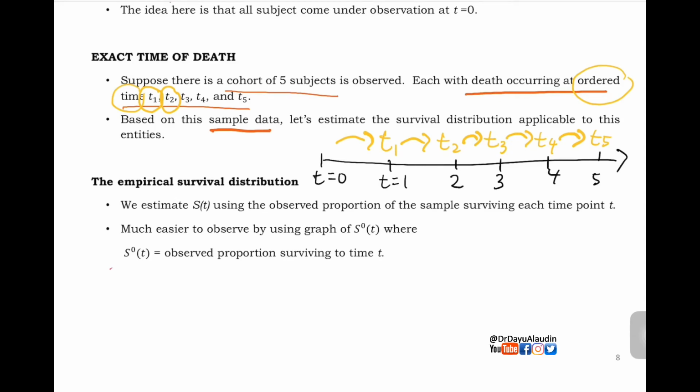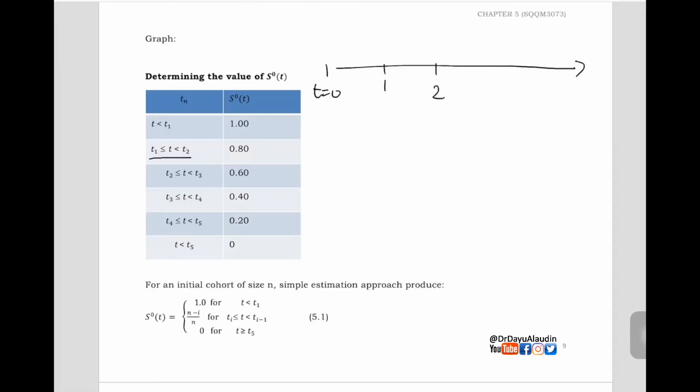For the empirical distribution, we estimate S(t) using the observed proportion of the sample surviving each time point t. It is much easier to observe using a graph. 1, 2, 3, 4, 5.